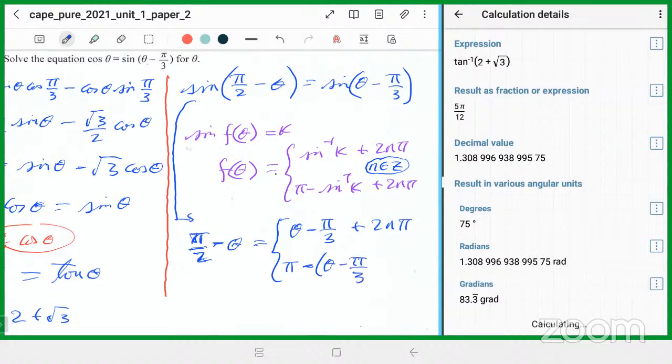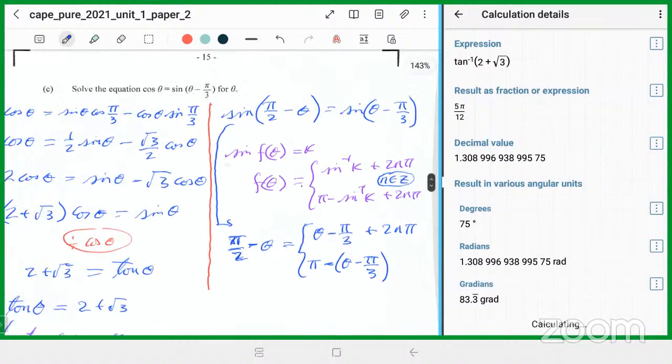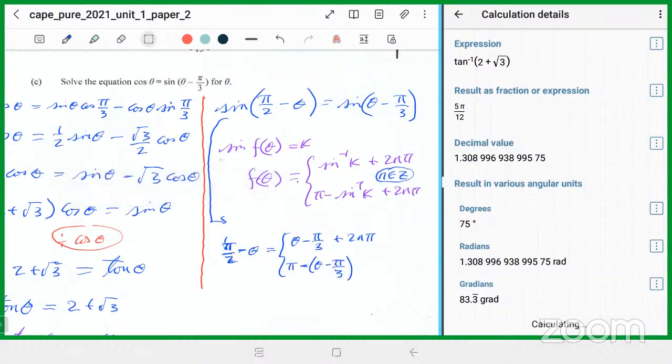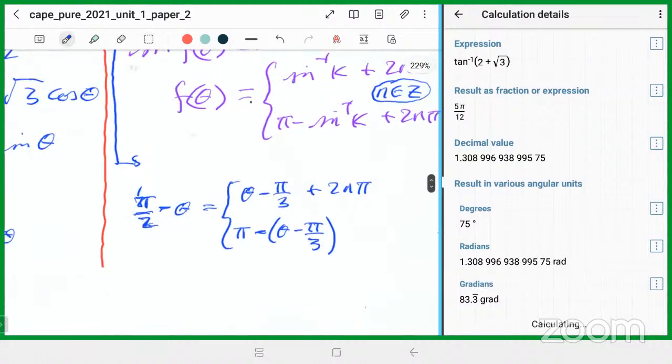I'll show the mathematics works like magic now. Let me make this a little bit smaller and zoom up. So I'm getting this now. After adding my 2n pi to this, I get plus 2n pi.